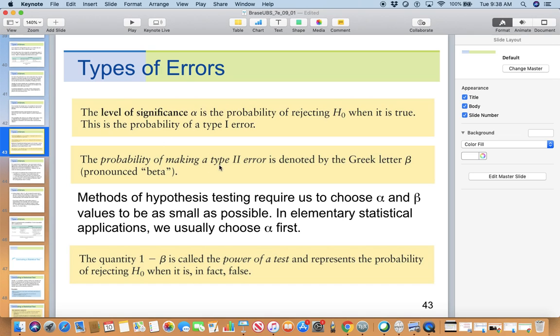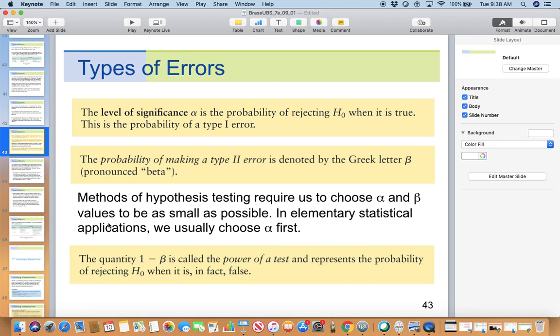The probability of making a type 2 error is denoted by the Greek letter beta. What is a type 2 error? H0 is false, but we did not reject it. Now, methods of hypothesis testing require us to choose alpha and beta values to be as small as possible.